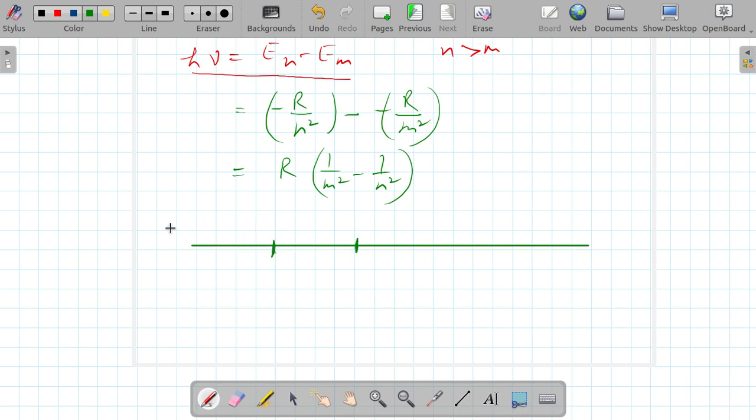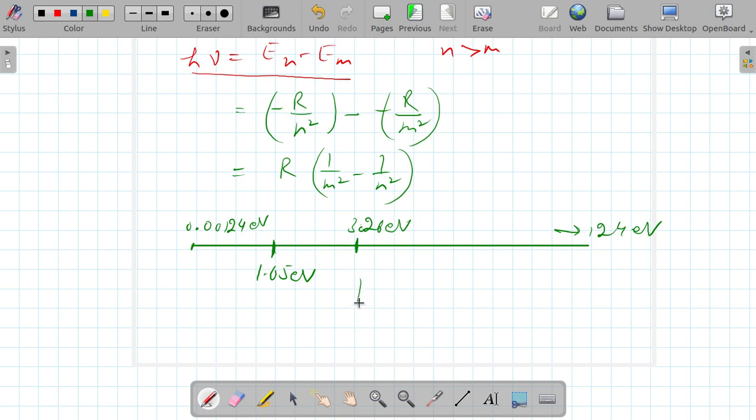So this point is basically 0.00124 electron volt, and this point is 1.65 electron volt, and let me call this point 3.26 electron volt, and this whole region is up to 124 electron volt.